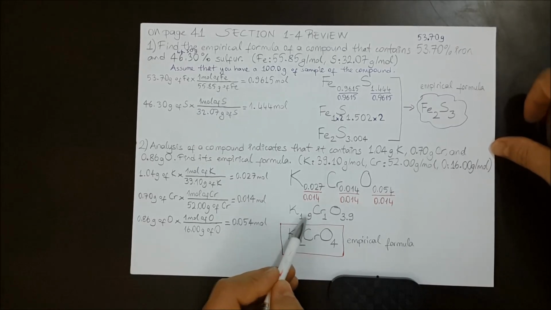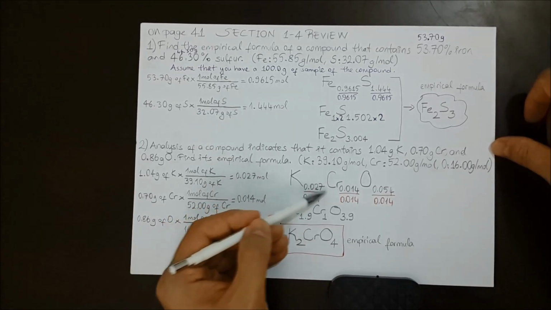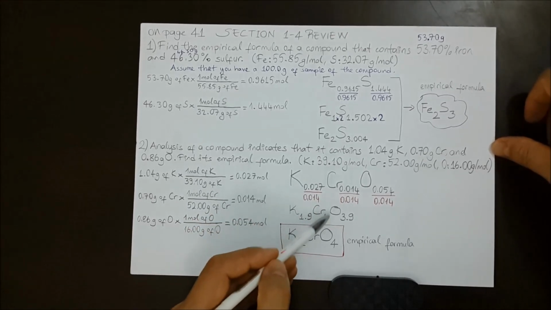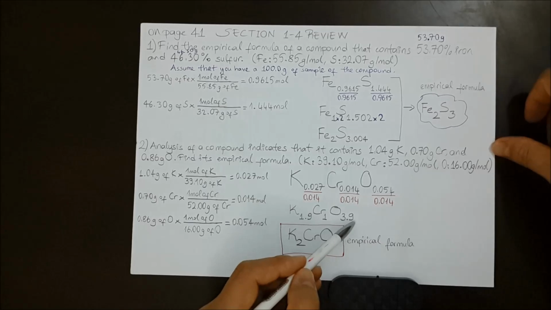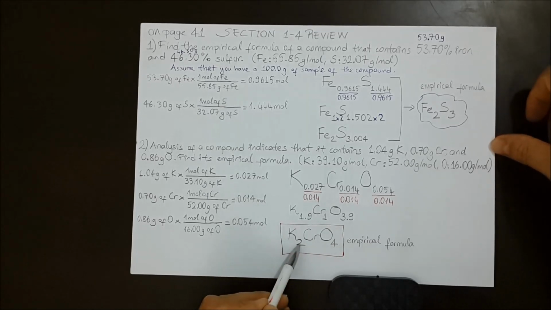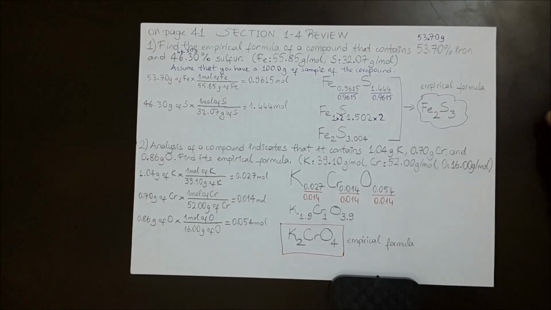This is the result of division of 0.027 by 0.014. K1.9, Cr1, O3.9. We can easily round these numbers. 1.9 makes 2, so K2, Cr1 is not shown in the subscript, O4. This K2CrO4 is our empirical formula.